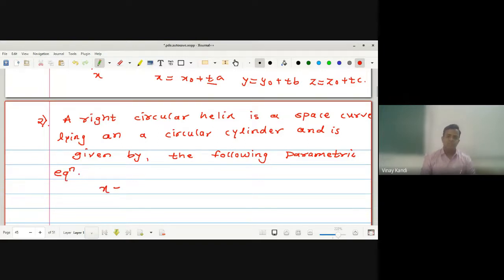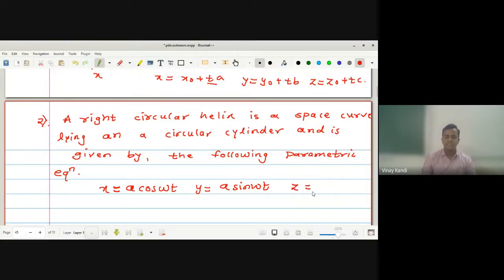What is the parametric equation of the helix? X is equal to A cos omega t. Y is equal to A sin omega t. And what is Z?